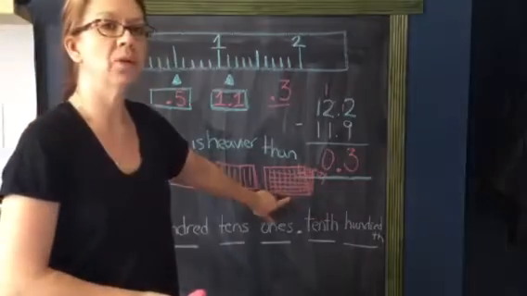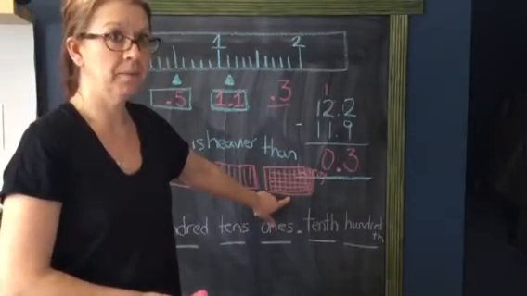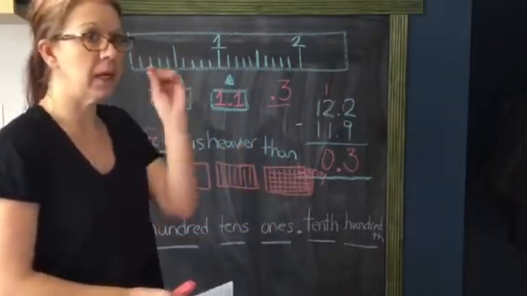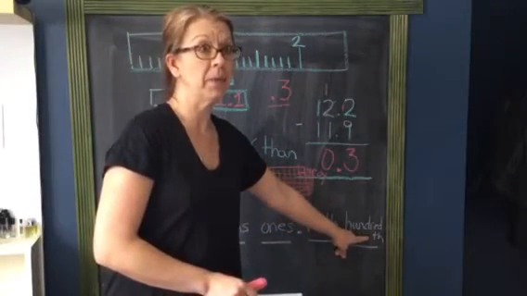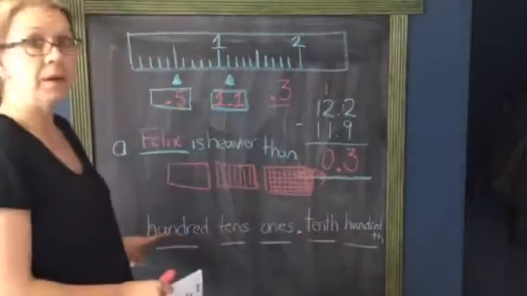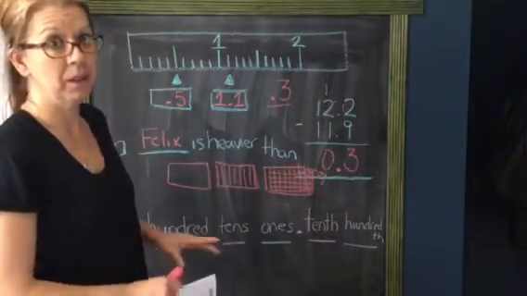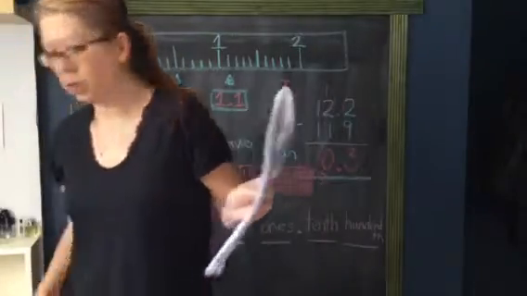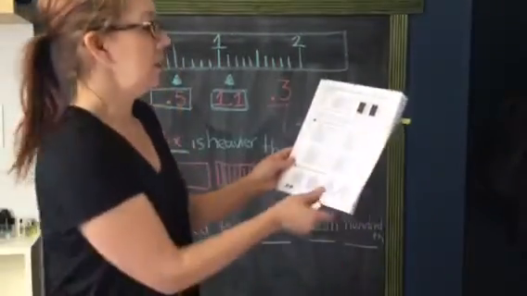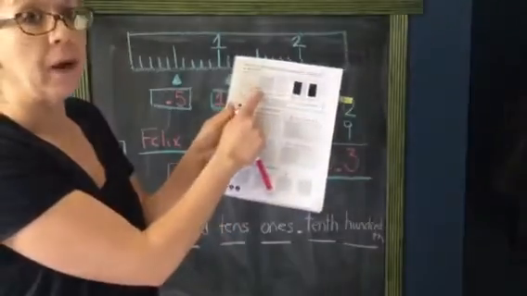This is broken down into hundredths. But it's still the same amount, right? Just tinier pieces. Okay, so when I go this way on my number line, the number gets smaller. I go this way on my number line, the number gets bigger, right? So when you're filling in the answers for this one, I'm going to see if I can show it to you with my pen. So the diagram up here helps a lot.